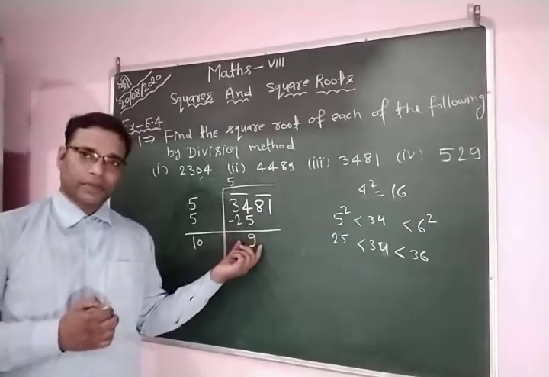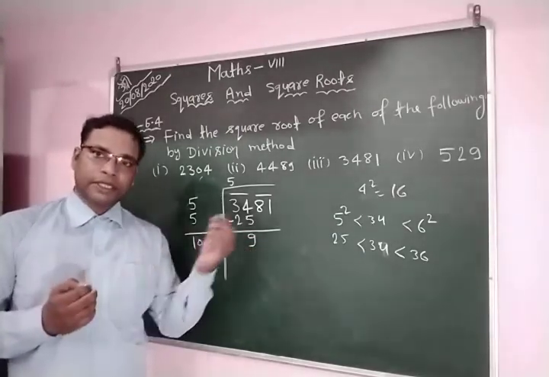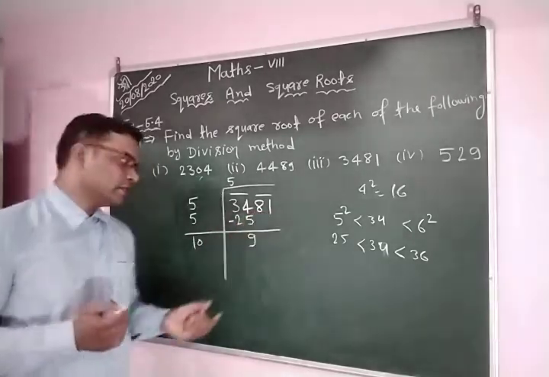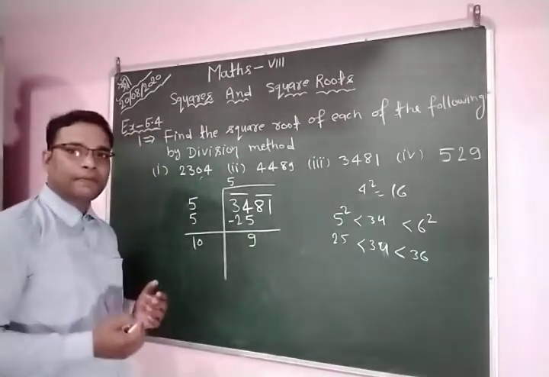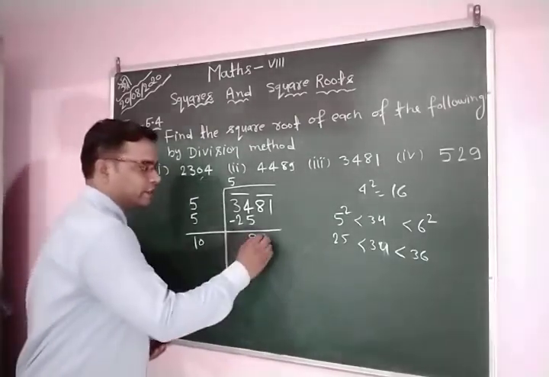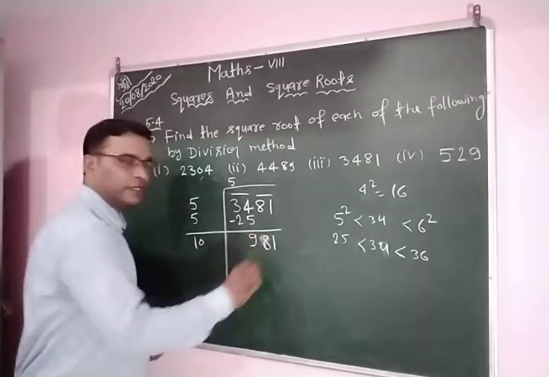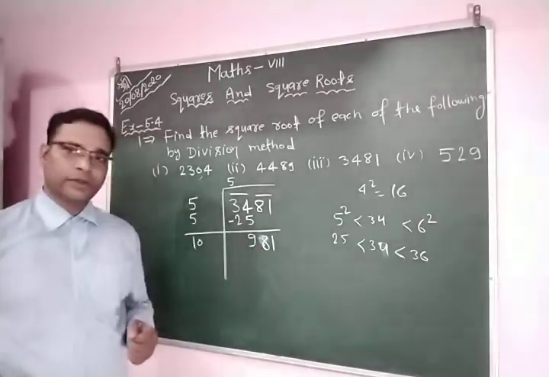This is our remainder, 9, and after this we bring down the next pair of digits. The next pair is 81. So we bring down 81 and write it next to 9. This becomes 981, our new dividend.